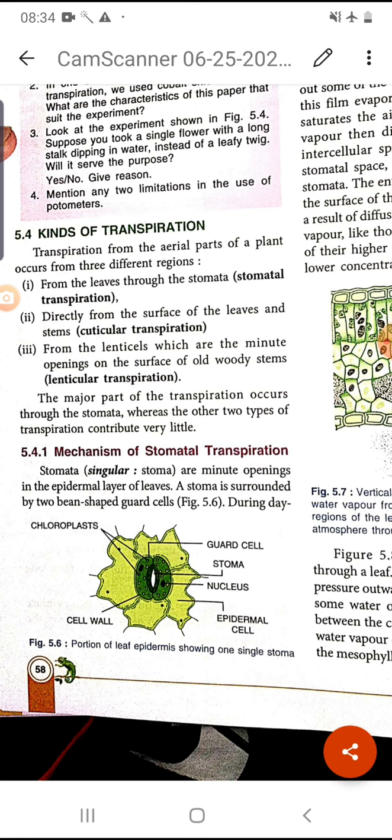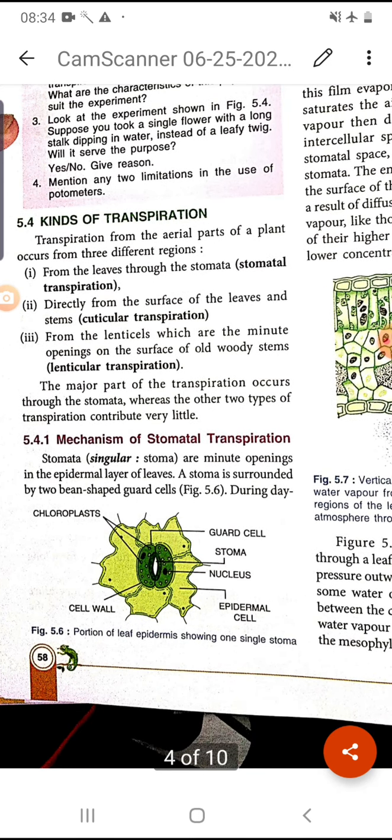Stomatal transpiration: a stoma is an opening, or a pore, in the leaves. That means it is transpiration through the leaves via the stomatal opening. Next is cuticular transpiration, directly from the surface of both leaves and stems. And the last one is lenticular transpiration.